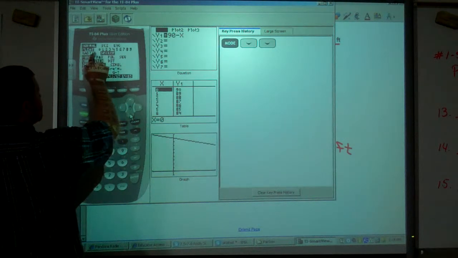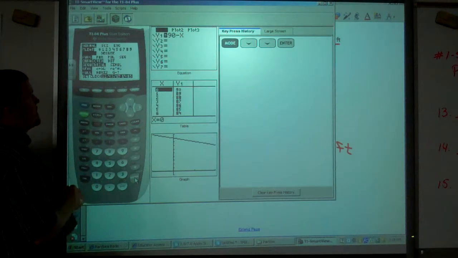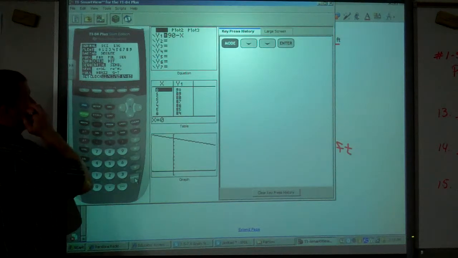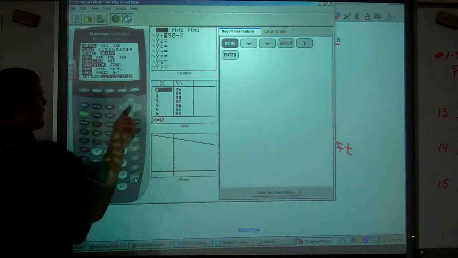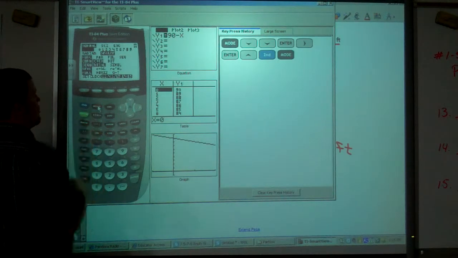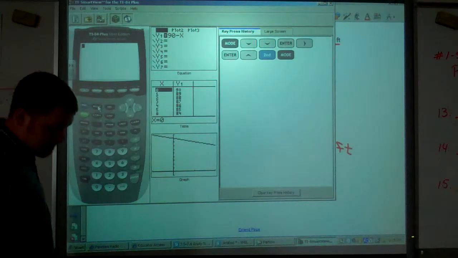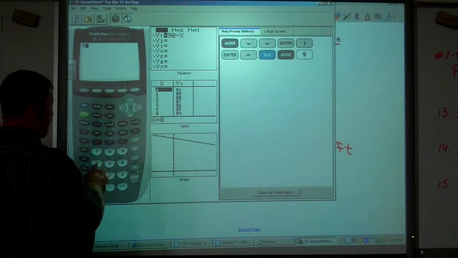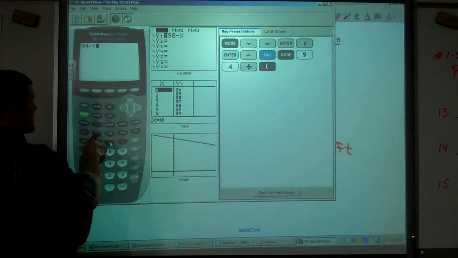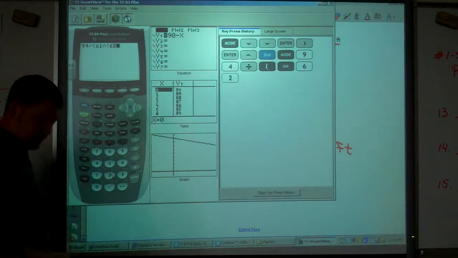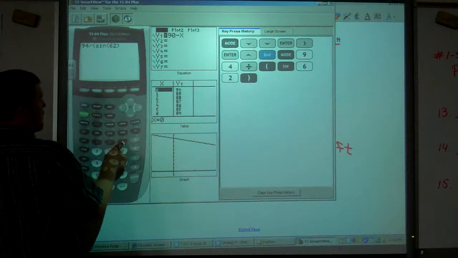In this calculator, when you have the black around the word, that means the one you have selected. Right now I just unselected degree, and I want to have degree selected. So I have degree selected, I'm in the correct mode, so I was getting the correct answers. My keystrokes for that last problem: 94 divided by, I open my parenthesis, and I put the sine of 62, then I close that first one, and then close the other one.